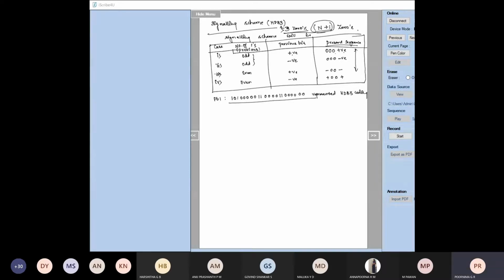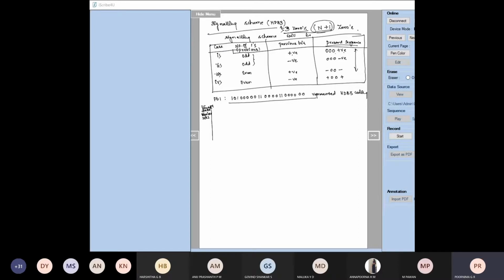How to start with this? First we take the bipolar non-return to zero representation. For that, write the binary data given in the graph.